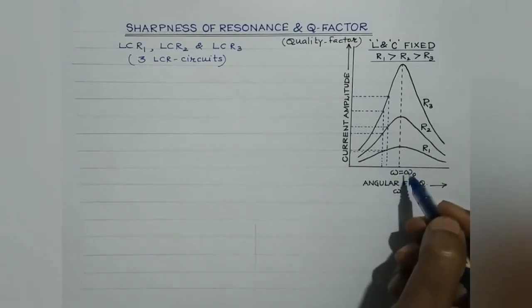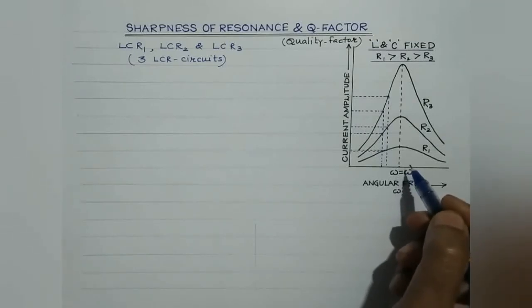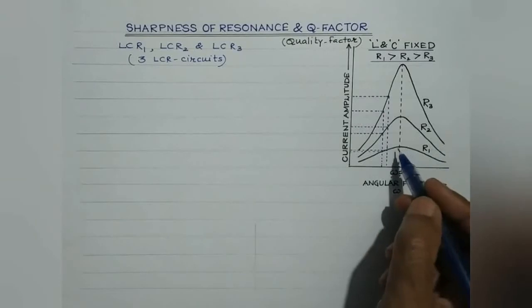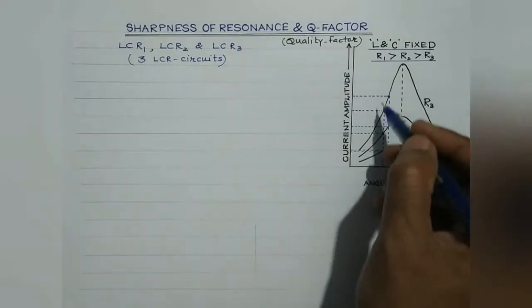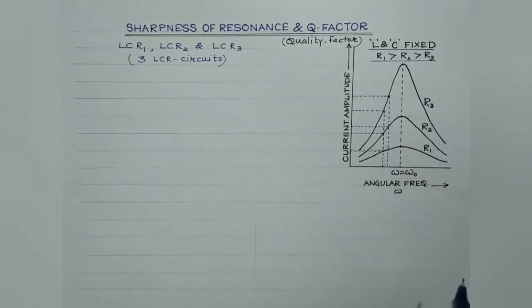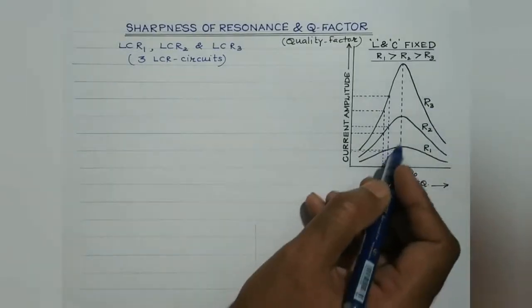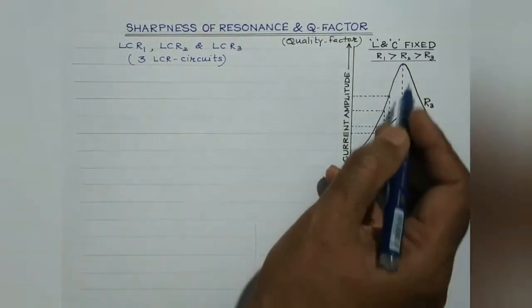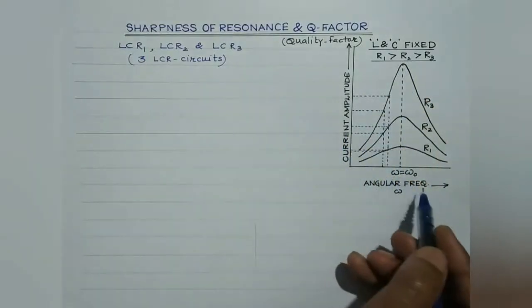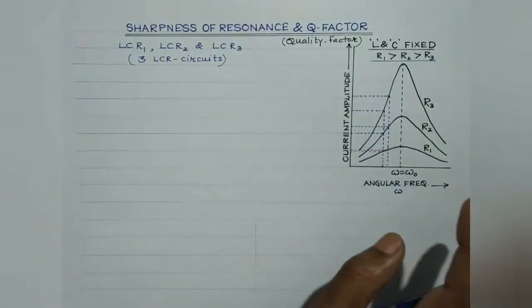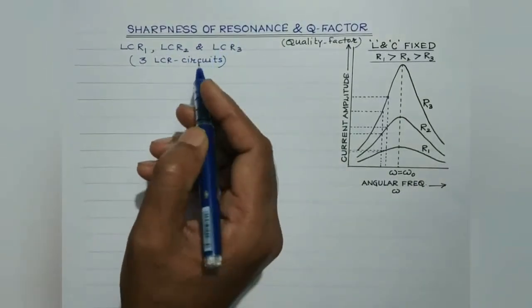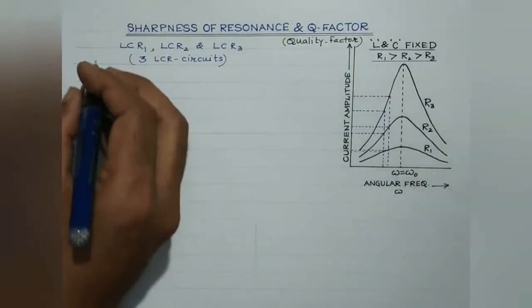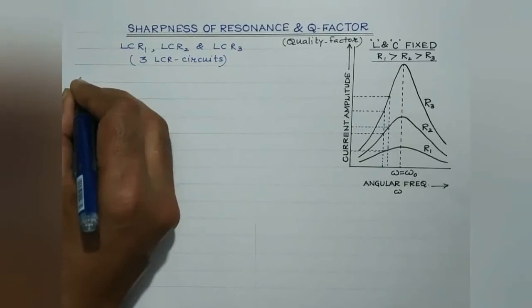And if the frequency of the AC source is further increased, then the value of current in the LCR circuit starts decreasing. And this variation is valid for each and every LCR circuit, right? So these are the three curves showing the variation between the current and the angular frequency for three different LCR circuits, right? So from the graph, the following points can be concluded.